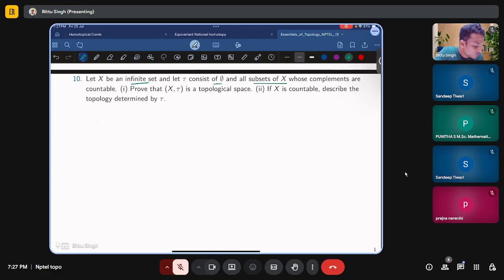So here tau is defined as the empty set or some set U such that the complement of U is finite or countable. Now the question is: is (X, tau) a topological space or not?